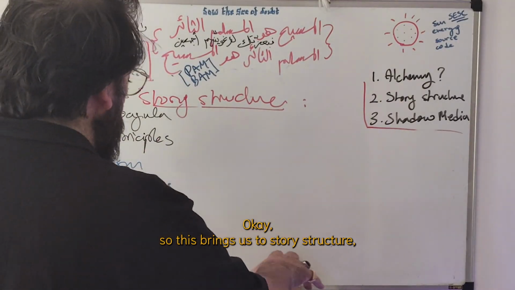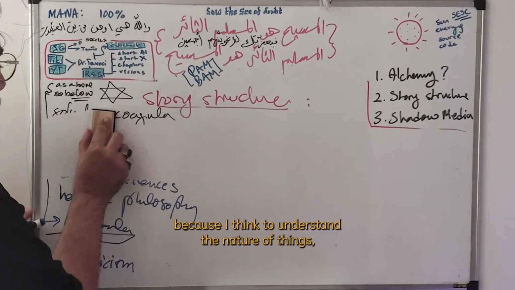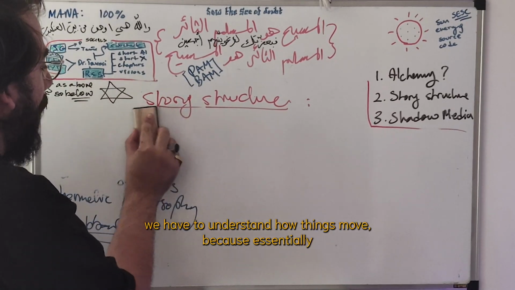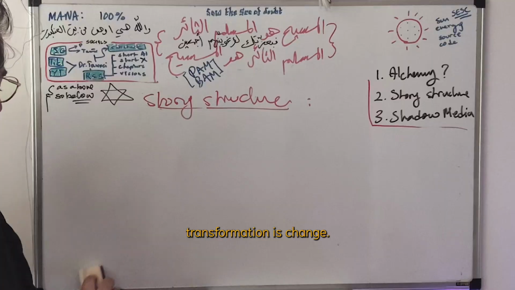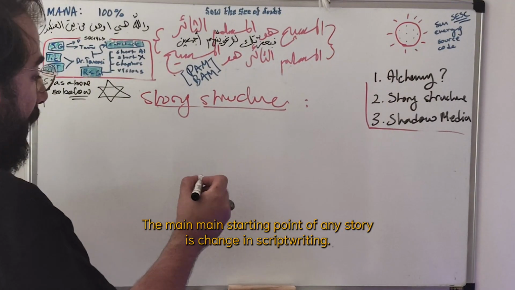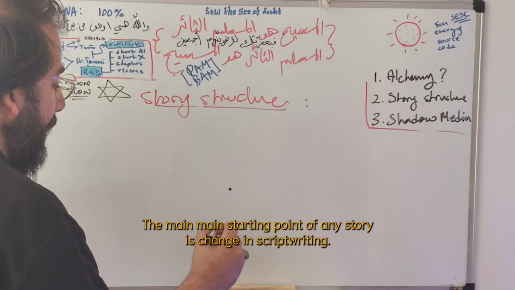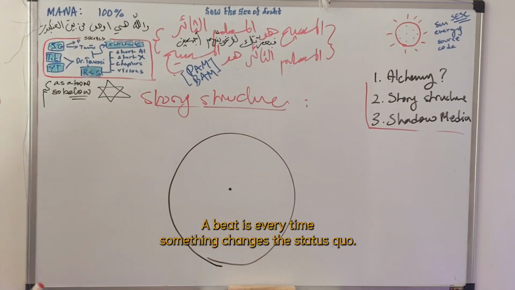This brings us to story structure, because to understand the nature of things, we have to understand how things move. Essentially, transformation is change. The main starting point of any story is change. In script writing, we call this a beat. A beat is every time something changes the status quo.